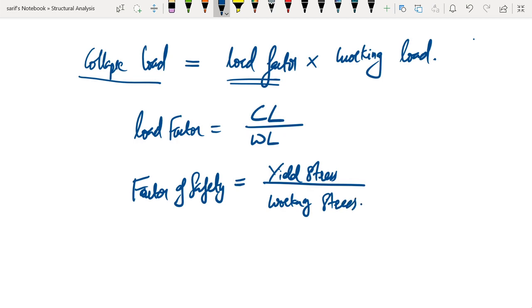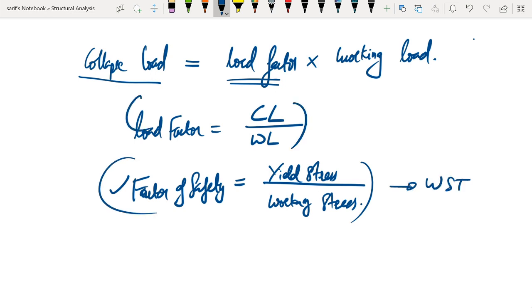So this is the definition for factor of safety. Now this factor of safety we use in working stress design, and the load factor formula we use in plastic analysis. So load factor is nothing but collapse load divided by working load. It is a ratio of collapse load to working load. It is not mentioned in terms of stresses, rather it is mentioned explicitly in terms of loads.